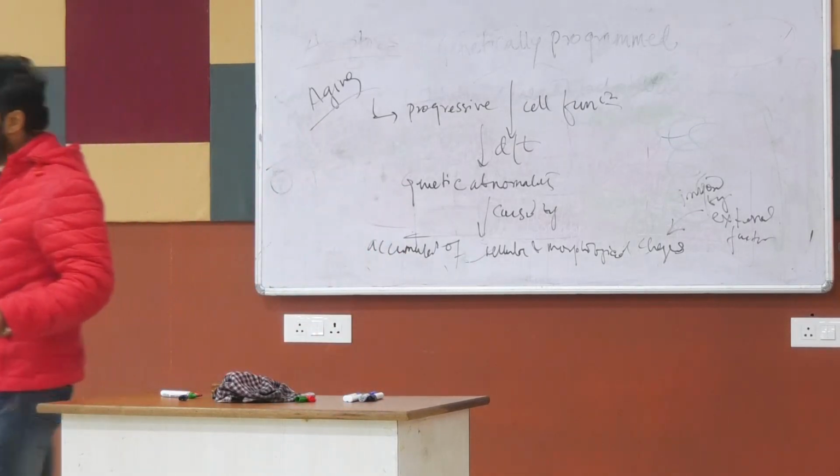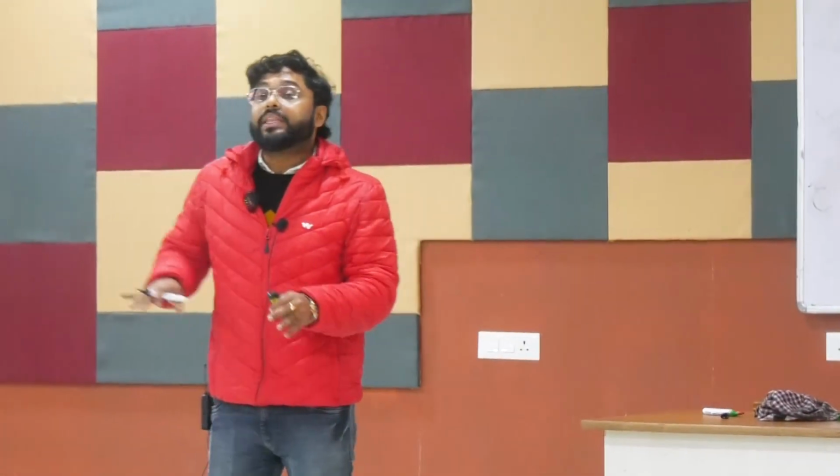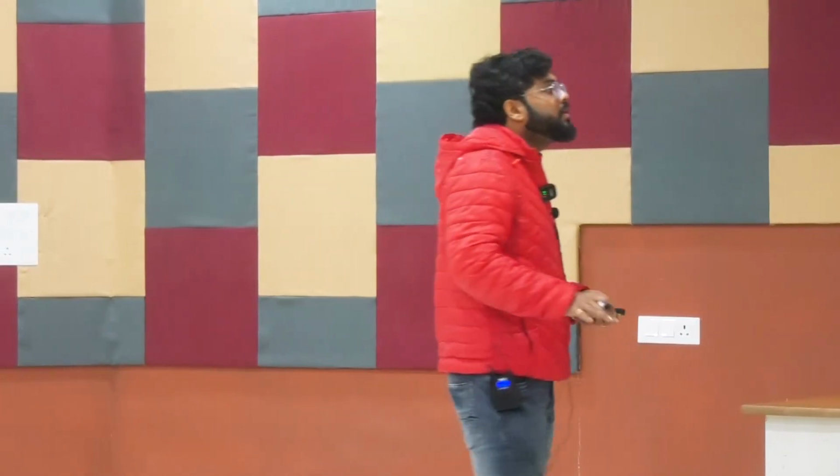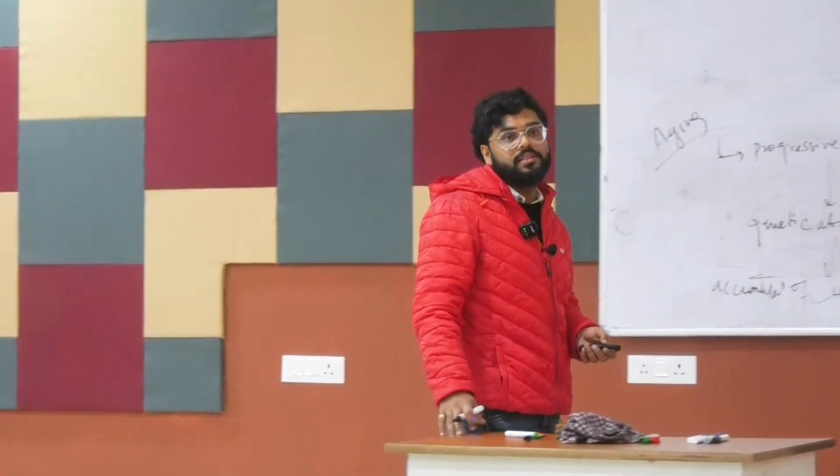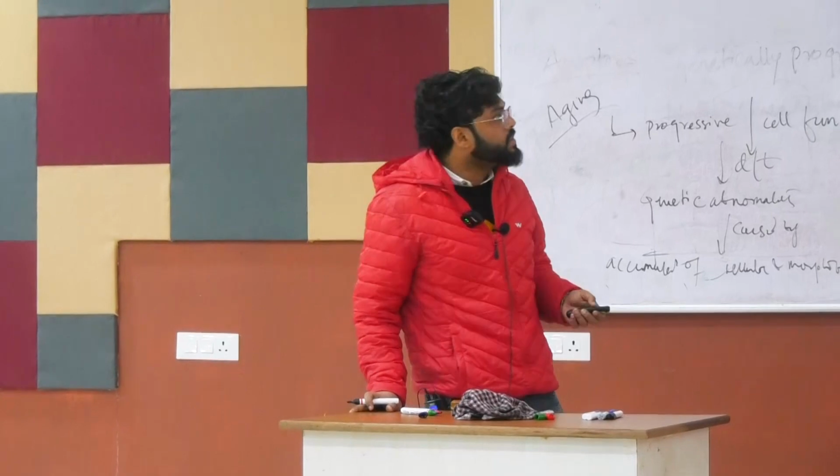Third is defective protein homeostasis. Normal protein metabolism within the cell, and within the body, is defective.